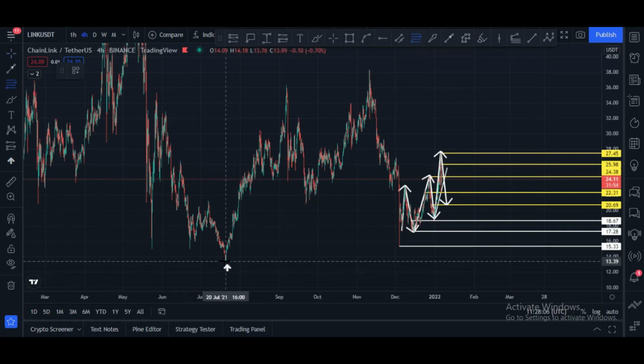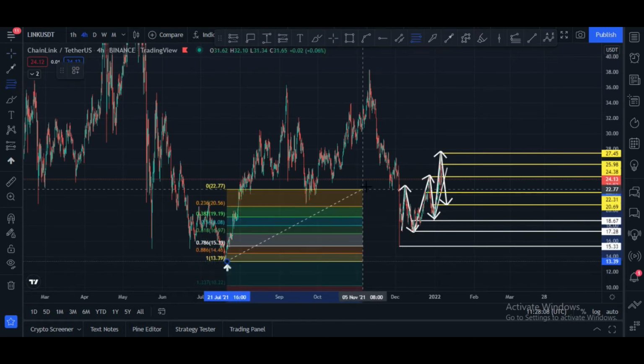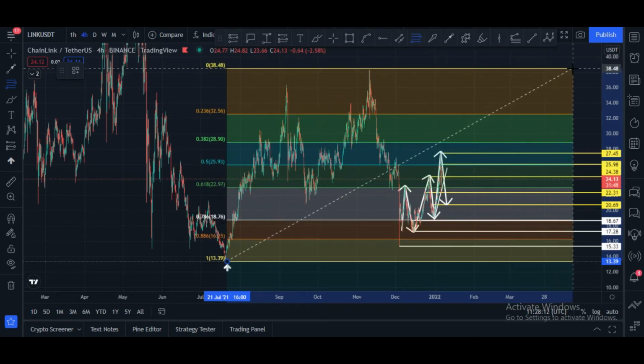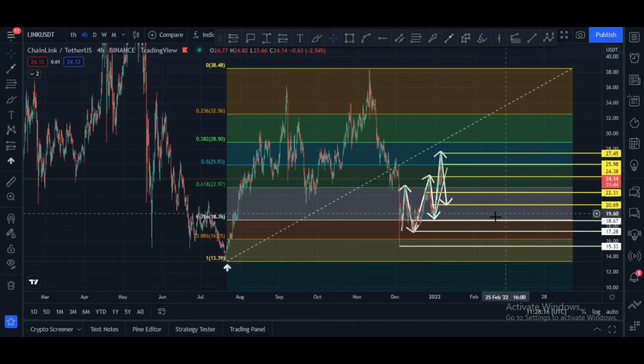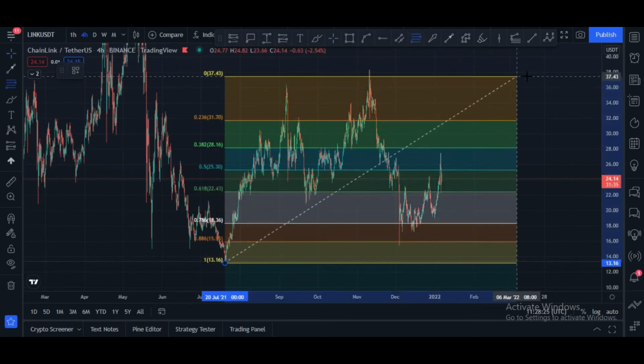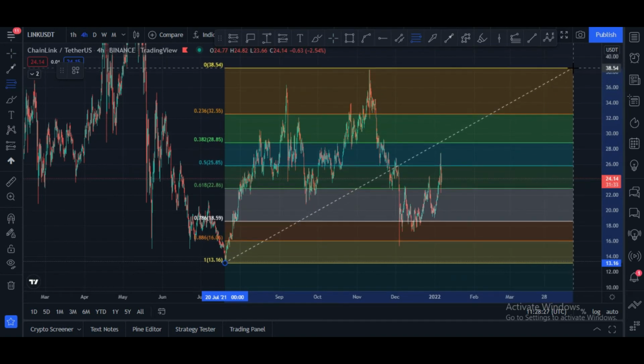We have to calculate this from bottom to top, and after that let me please set this chart, and let me please delete all these drawings. Sorry for that. Let me please do it again, and here you can see.